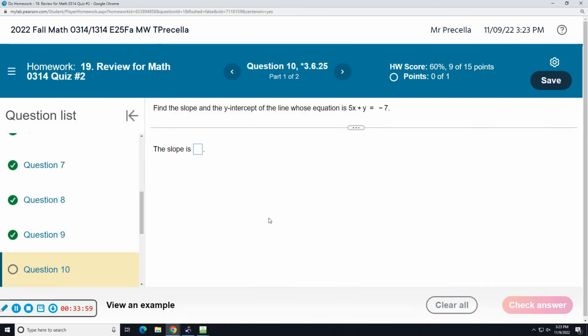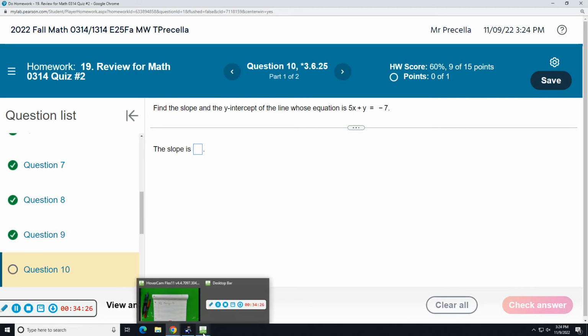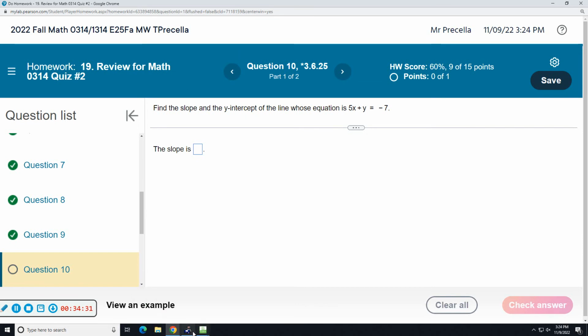Number 10. Find the slope of the line given with the equation 5x plus y equals -7. Seems like this second quiz has a lot of line stuff, doesn't it? 5x plus y equals -7. Oh, they want the slope and the y-intercept.